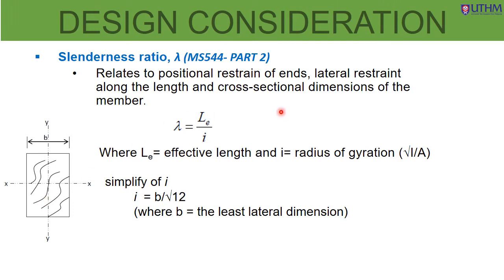The second consideration is slenderness ratio, where the formula is L effective divided by i, which is the radius of gyration. We can calculate i as b divided by square root 12.